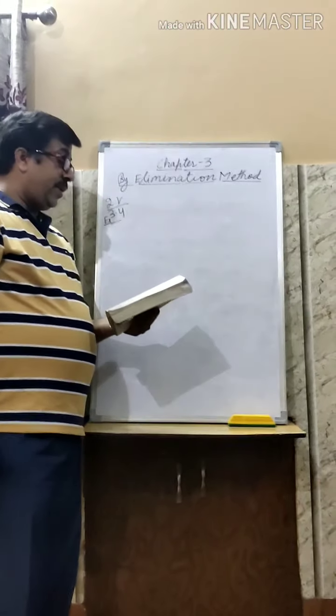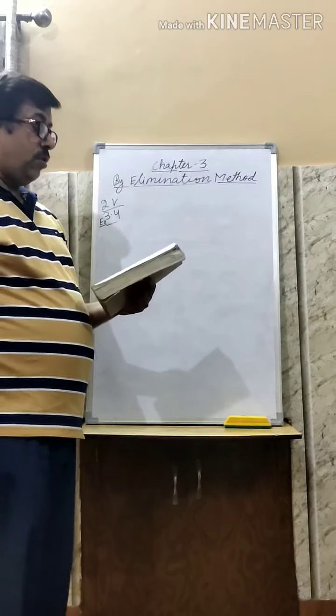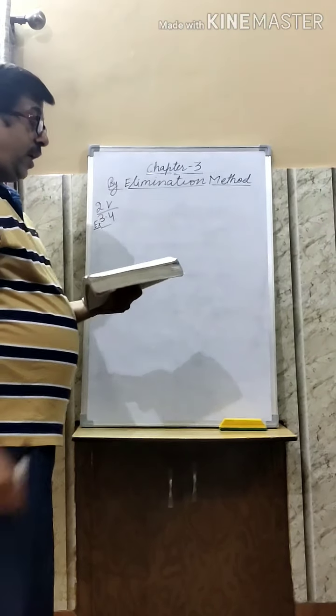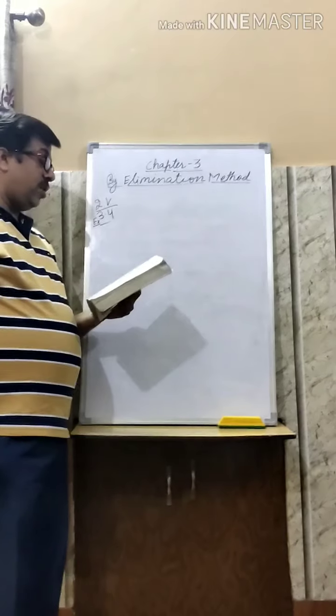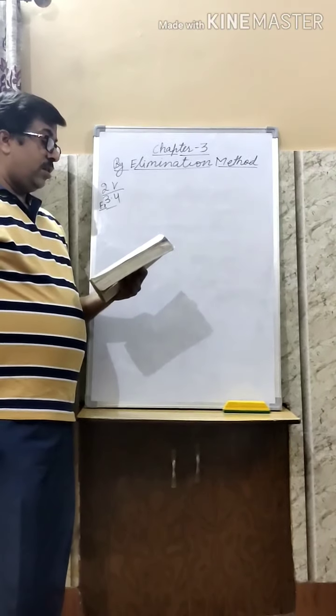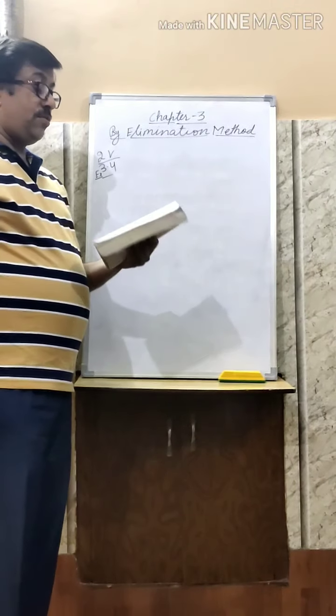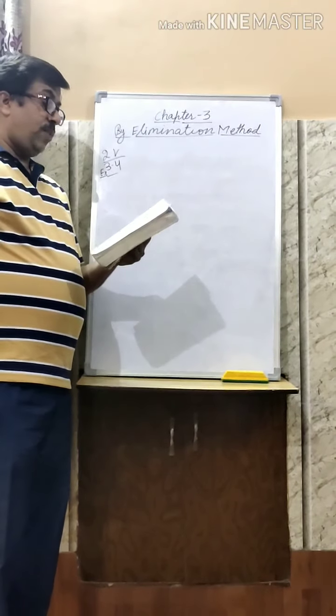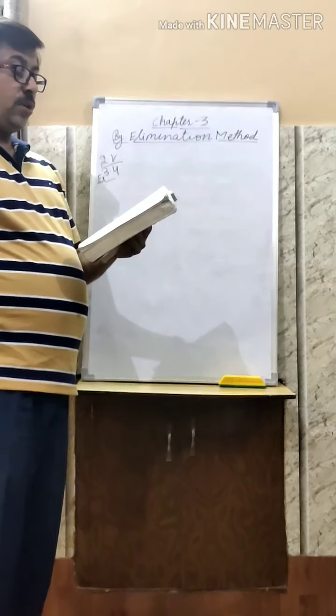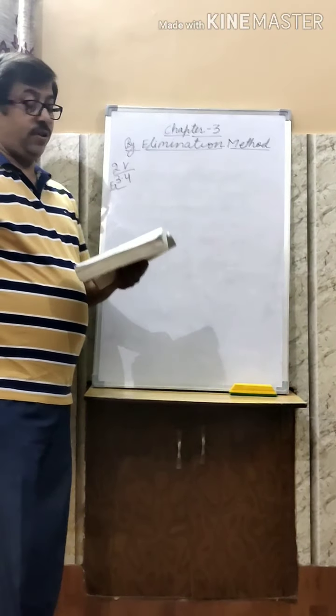A lending library has a fixed charge for the first 3 days and an additional charge for each day thereafter. Clear this? And Sarita paid rupees 27 for a book kept for 7 days, while Sasi paid rupees 21 for the book she kept for 5 days.